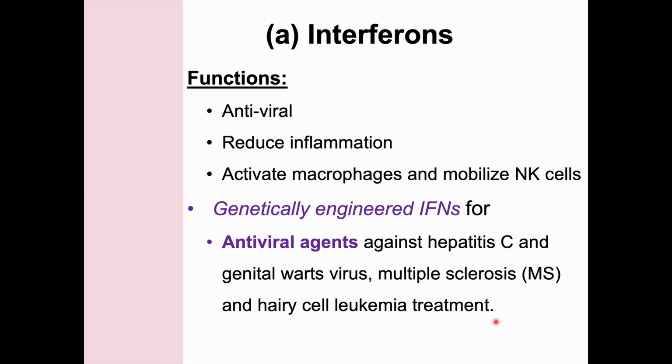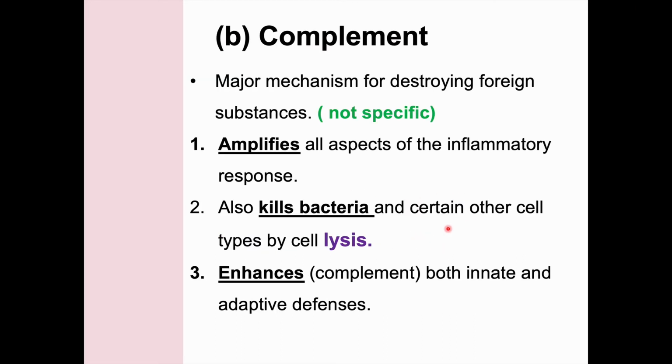So for treatment of hepatitis C, venereal warts, and multiple sclerosis, which is actually idiopathic, though virus infection is also a cause for multiple sclerosis. They use the genetically engineered interferons to kill these viruses. Okay, then the major mechanism of destroying foreign substances amplifies, kills bacteria and enhances both innate and adaptive defenses. So these are all the functions of the interferons in the body.